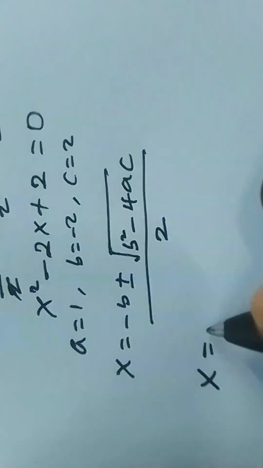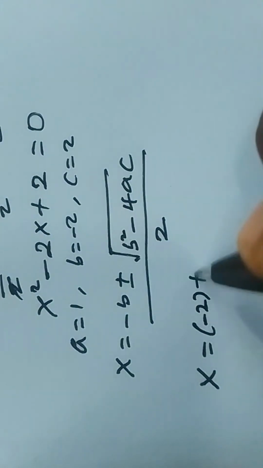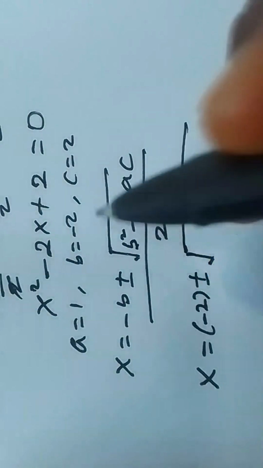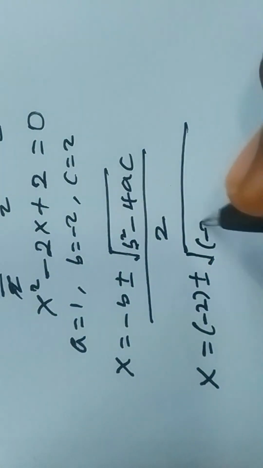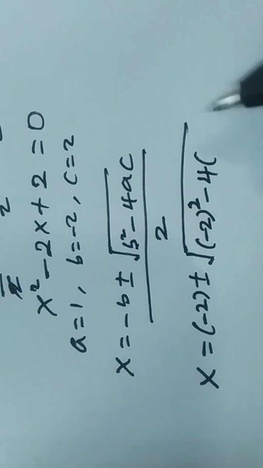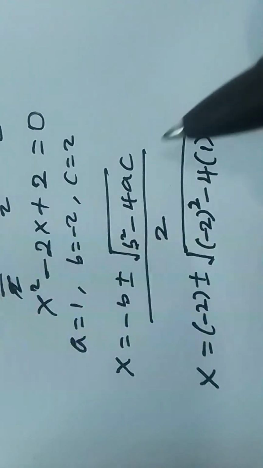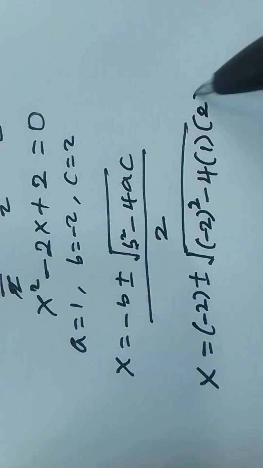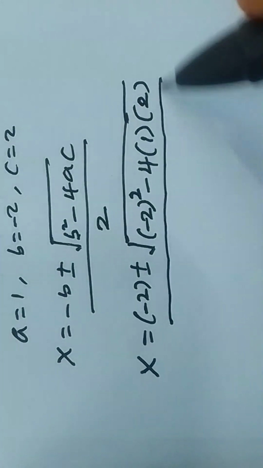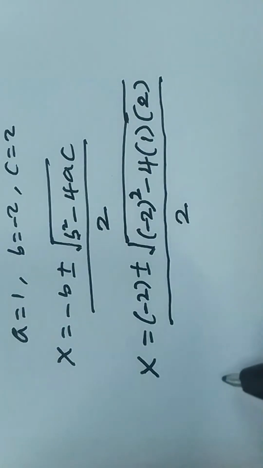What is b? b is -2, plus or minus square root of b squared, that will be (-2)^2 minus 4 times, what is a? a is 1, times, what is c? c is 2. Everything divided by 2.